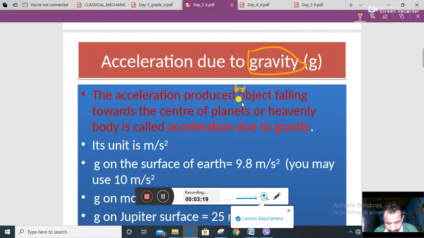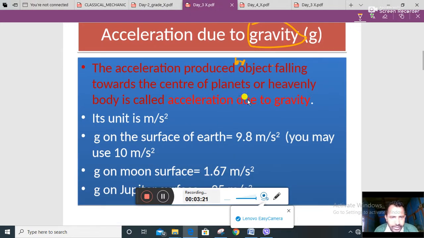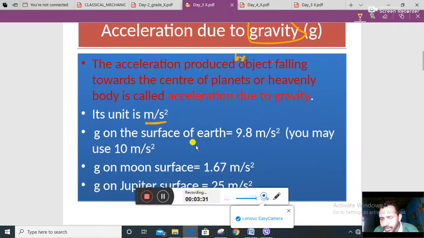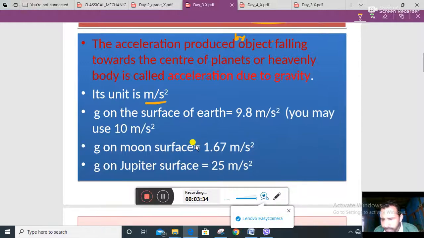Let's go back. Now, acceleration has the unit meter per second square. You have learned acceleration in grade 9. Similarly, here acceleration due to gravity also has the unit meter per second square, and we should remember some values, which will come in handy to solve some numericals.